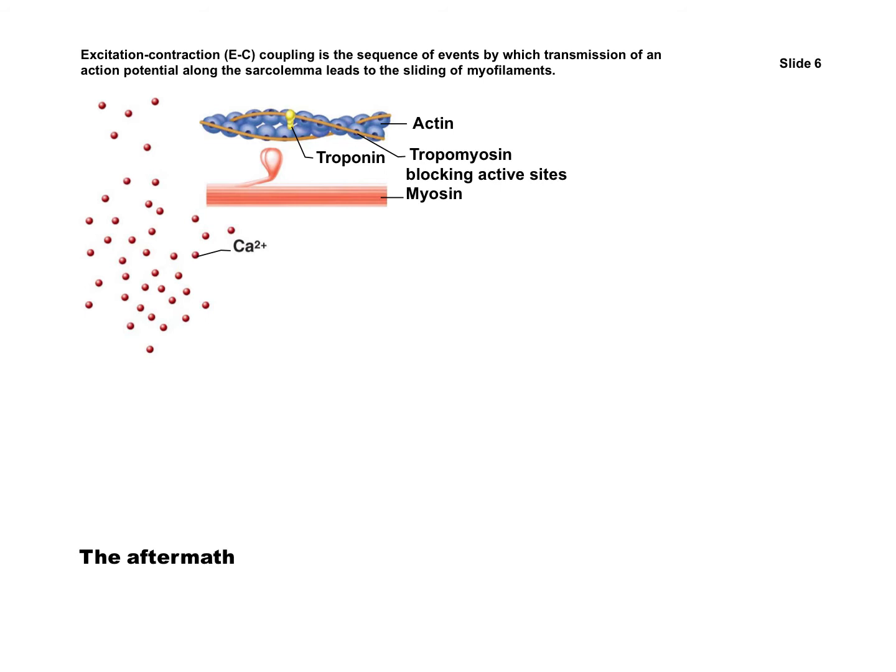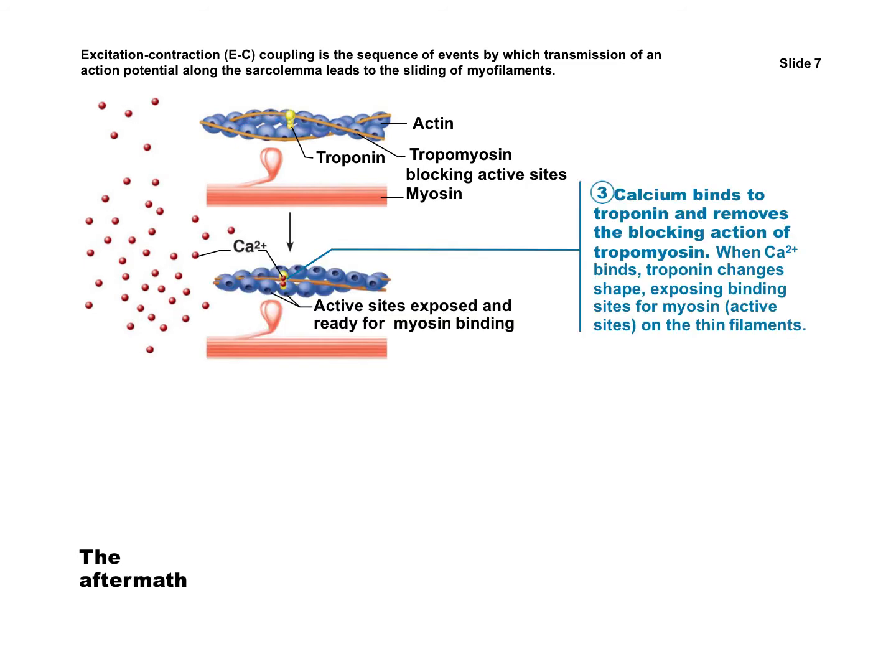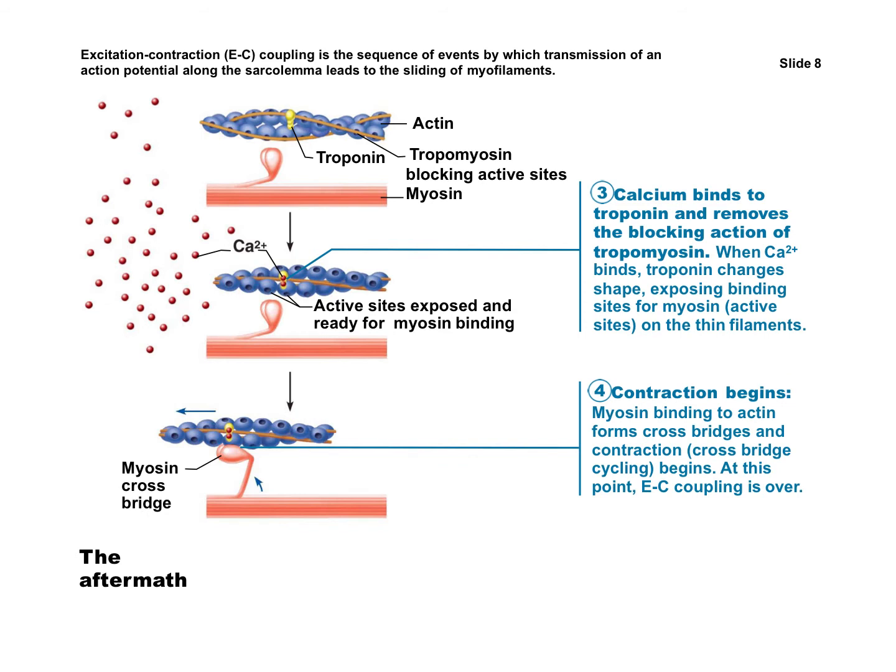So if calcium flows out, what's going to happen? Calcium is going to bind to troponin. Troponin changes shape, and when it changes shape, it moves tropomyosin out of the way. Now those active sites for myosin are exposed. Myosin binds, and contraction begins.